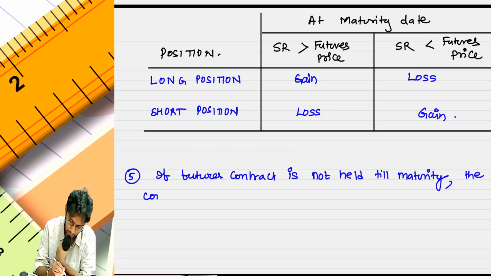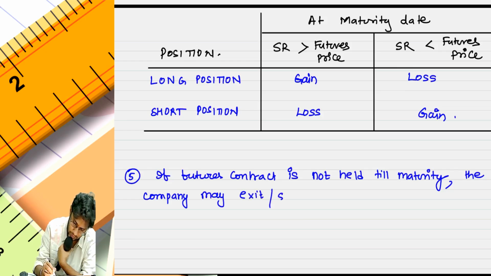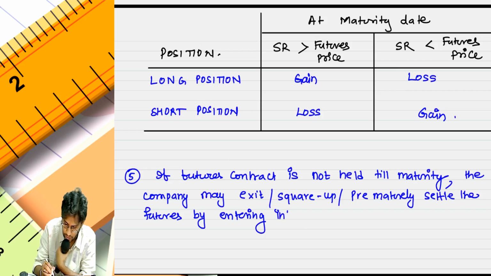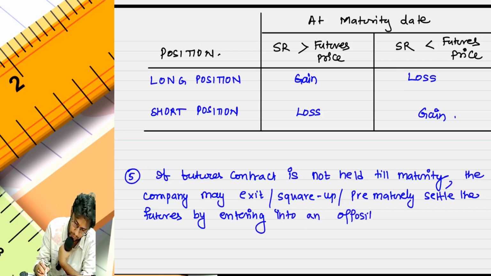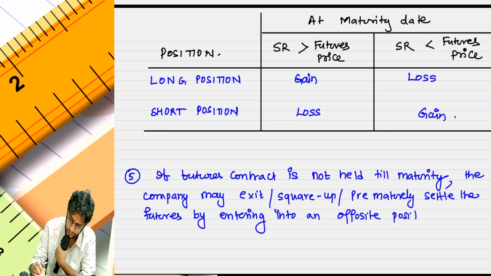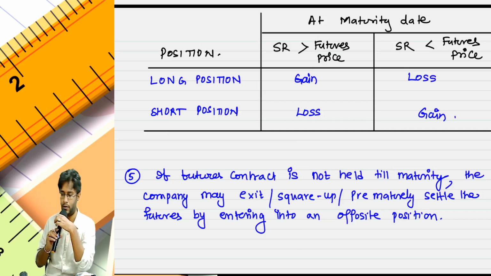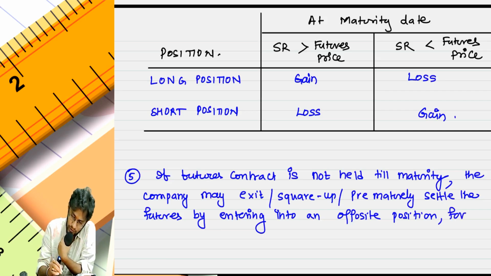The company may exit or square up or prematurely settle the futures by entering into an opposite position for the remaining maturity period.